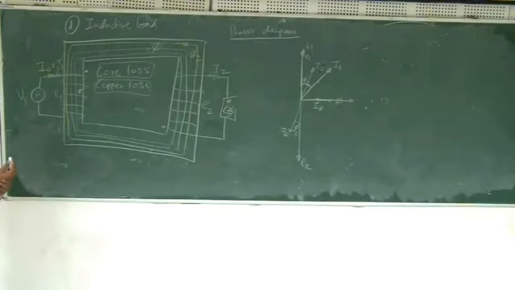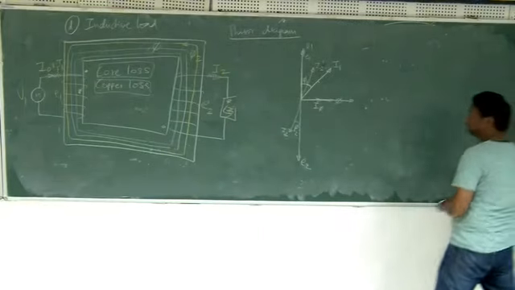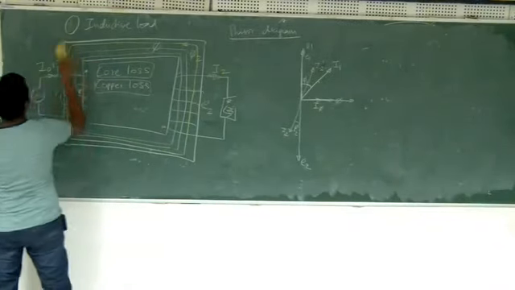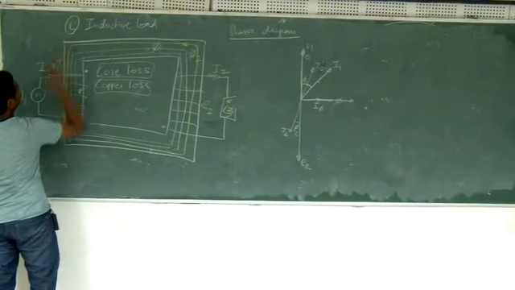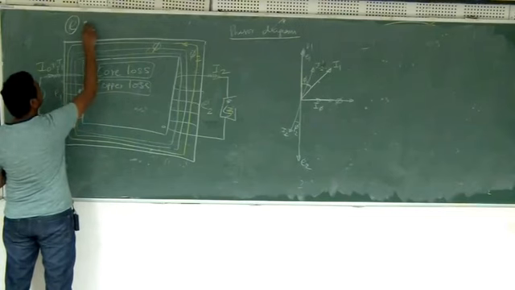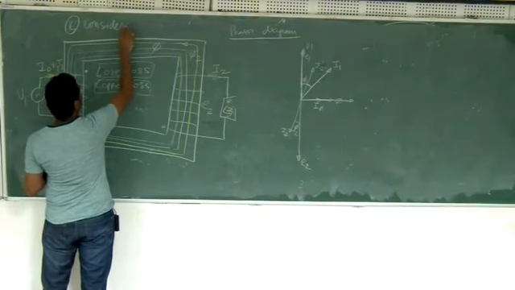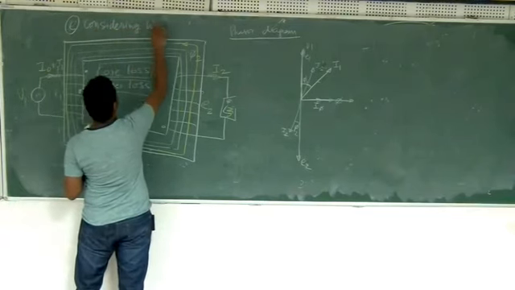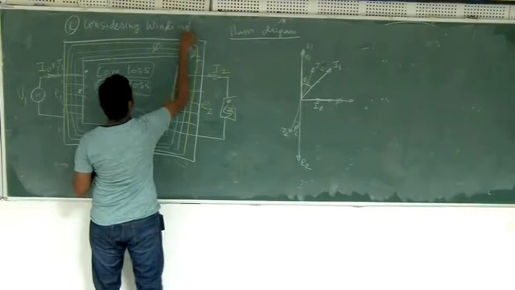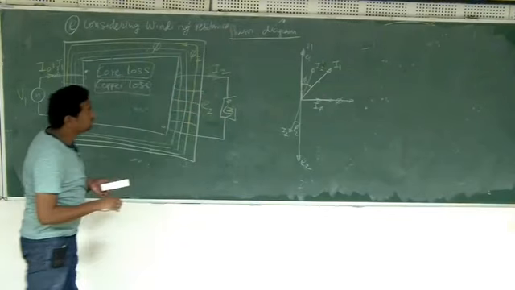Why I did it like this is that it will now be easier to show the resistance. So case E now, considering winding resistance.